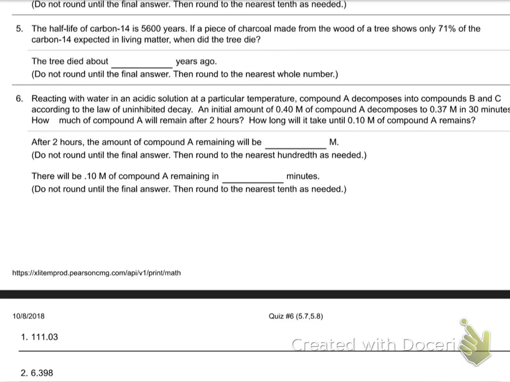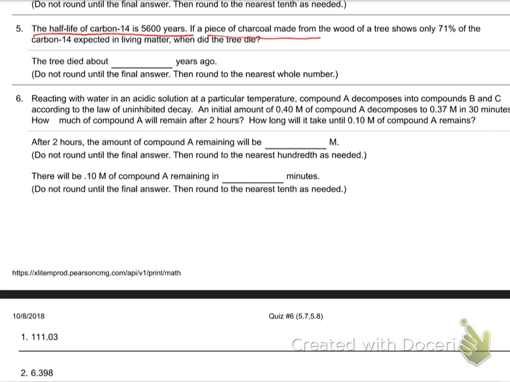Okay, question number 5. It says the half-life of carbon-14 is 5,600 years. So, number 5, half-life 5,600 years.